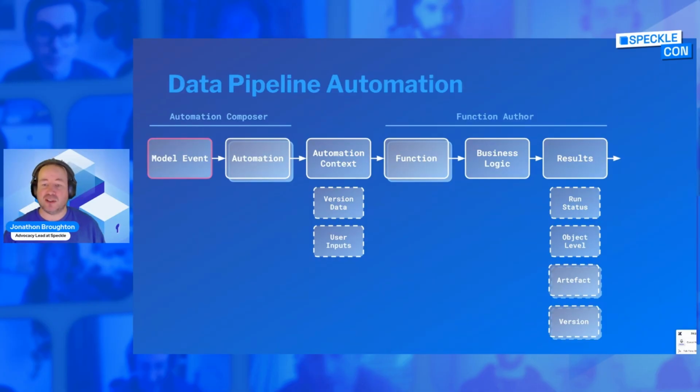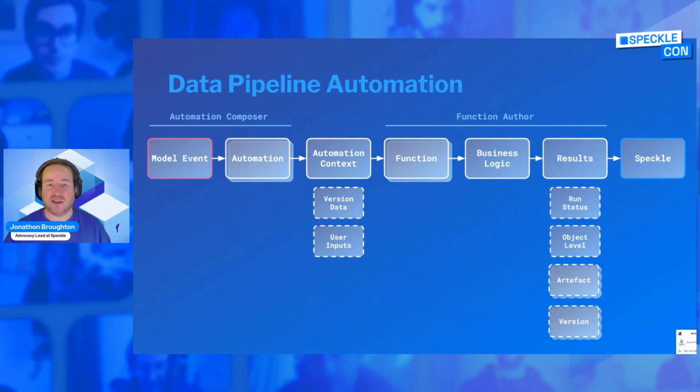The function author defines what the user inputs were for that function originally, and they're also able to specify all of the different results. We demonstrated that you say whether it's passed or failed, whether a particular object has a result, and there were artifacts. We had Blender renders, we had PDF reports, and also you can push a different version to another model. We can talk about that at a future date. All of that gets pushed to Speckle, and that's that tight integration.